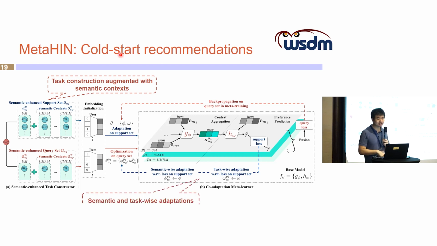Another thing is, when adapting the global prior to the tasks, the support set for the tasks needs to perform a co-adaptation, both at the semantic level and at the task level.